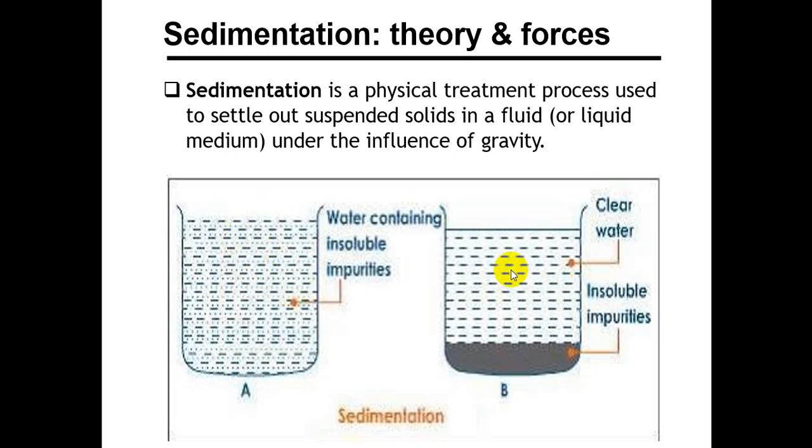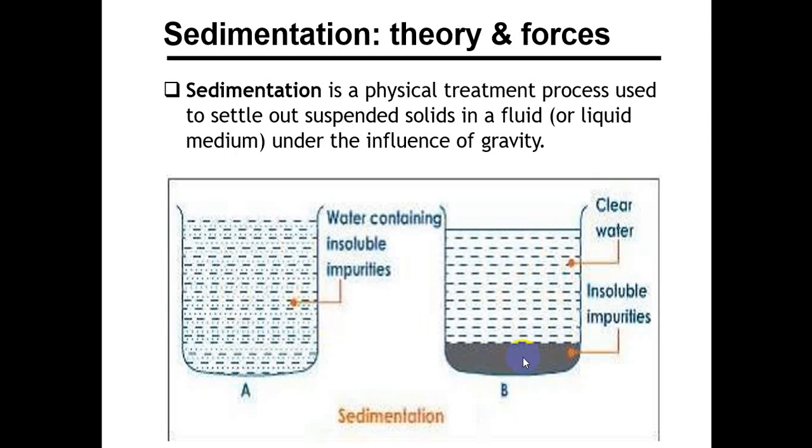But when this medium settles, after settling, we realize that the heavyweight particles or impurities settle at the base of this container, whereas the lighter weight will float. So you can see over here that the particles of the impurities are of the same size.